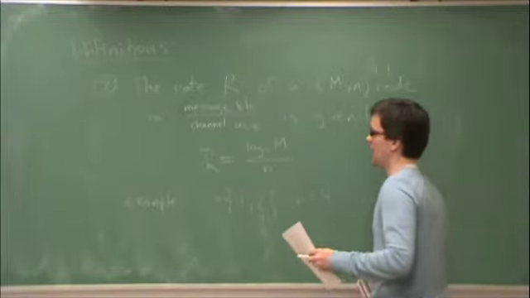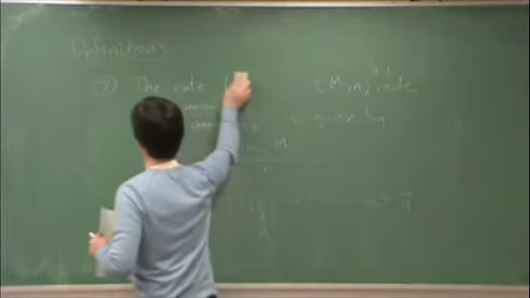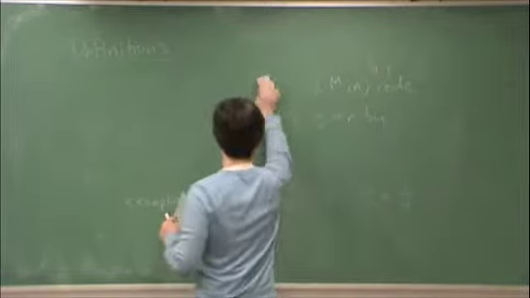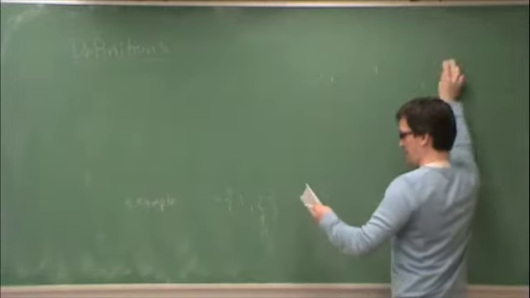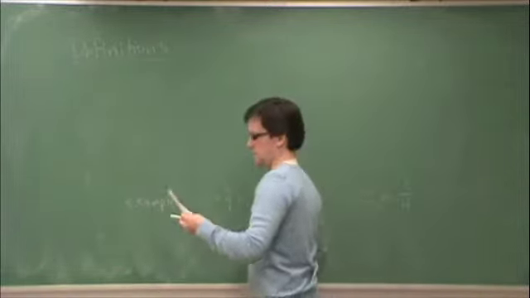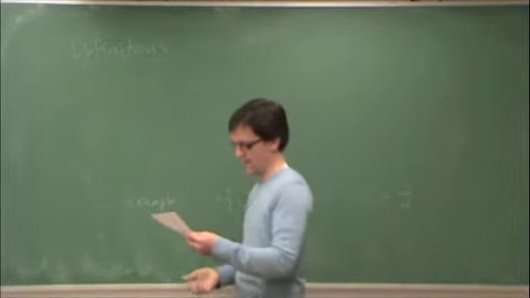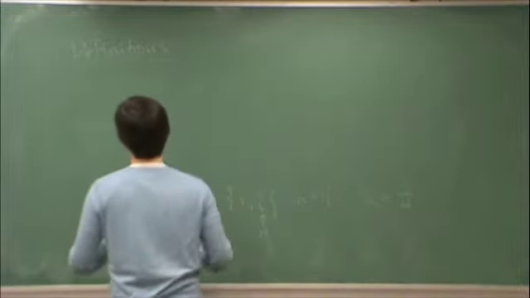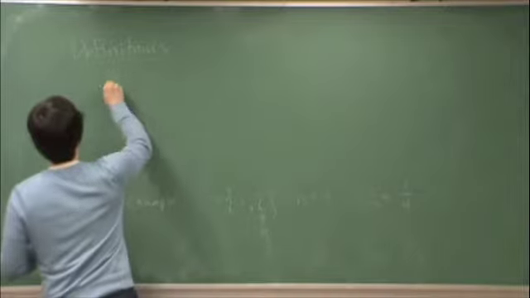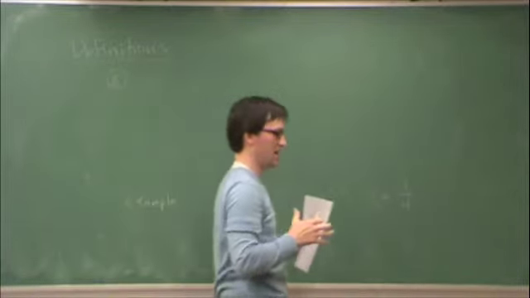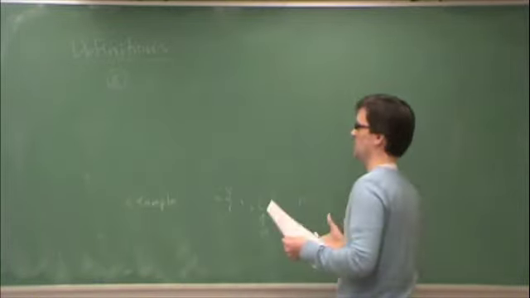Okay. The next definition, rate R. This is really what we mean by reliable codes.